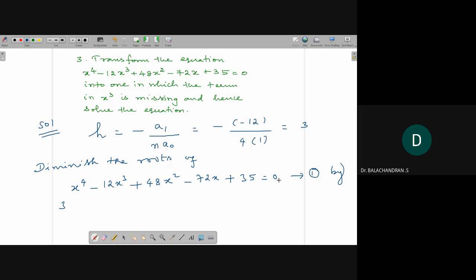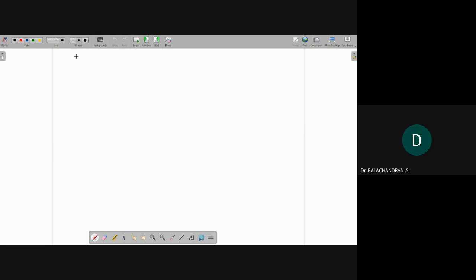Diminish the roots of this equation by 3. So please tell the coefficients. 1, minus 12, 48, minus 72, 35, and then diminish by 3. 1, plus 3, minus 9, minus 9, minus 27, 21, 63. Yes, sir. Minus 9, minus 27.